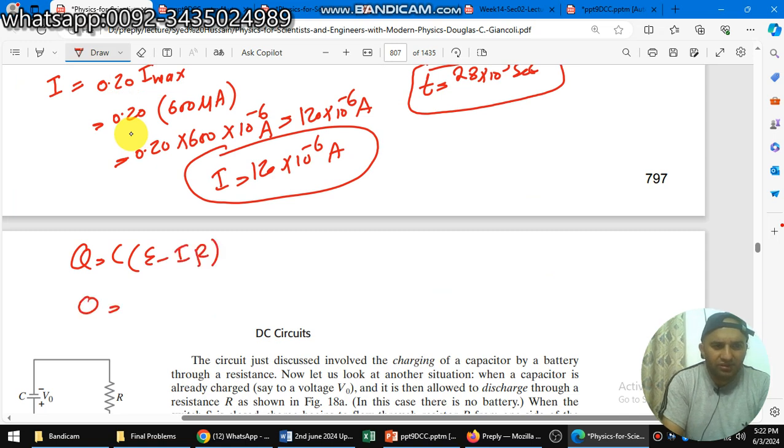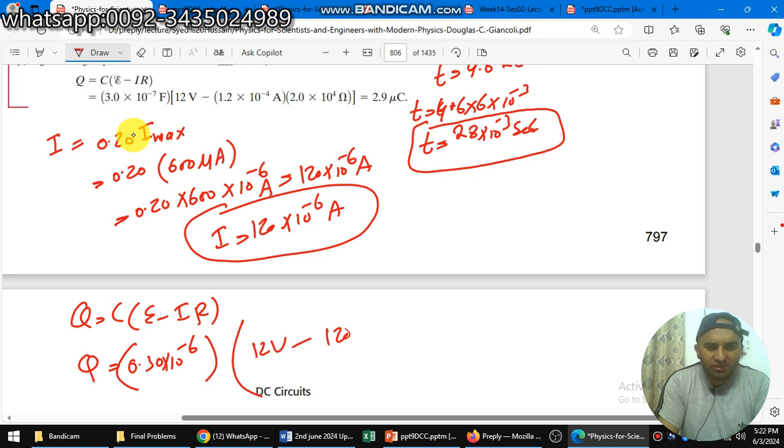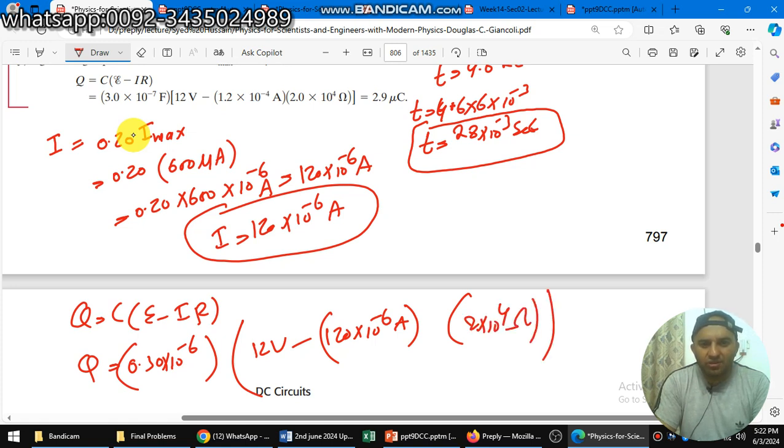Capacitance is given as 0.30 into 10 to the power minus 6 farad, and EMF is 12 volt, minus current, which is 120 into 10 to the power minus 6 ampere, multiplied with the resistance R, which is 2 into 10 to the power 4 ohm. So we solve and we get 2.9 into 10 to the power minus 6 coulomb.